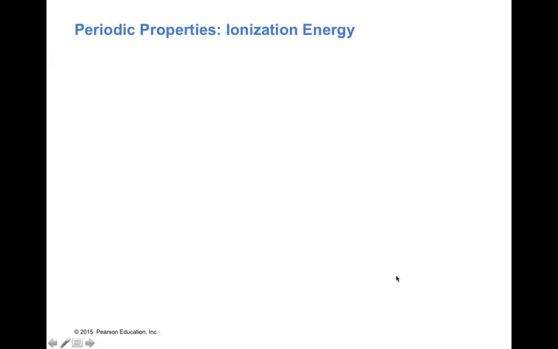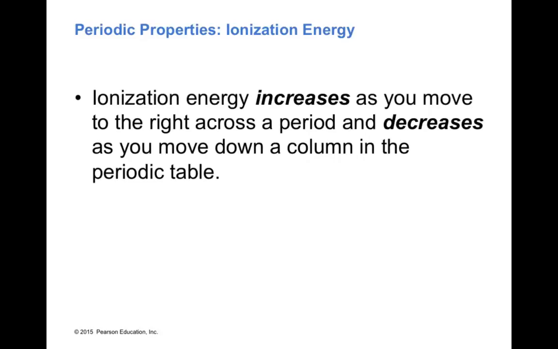We also have ionization energy, and the ionization energy is the energy that you need to remove an electron. Ionization energy increases as you move to the right across a period and decreases as you move down a column in the periodic table. Remember that for the left side, it's easy to remove an electron, but on the right side, they love to gain electrons. So it will be harder to remove an electron.